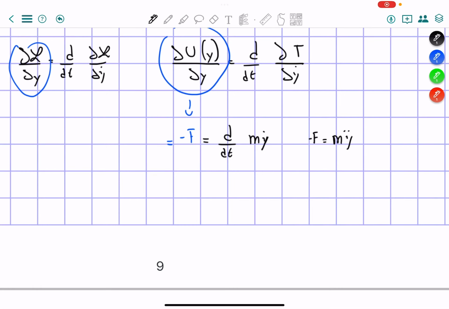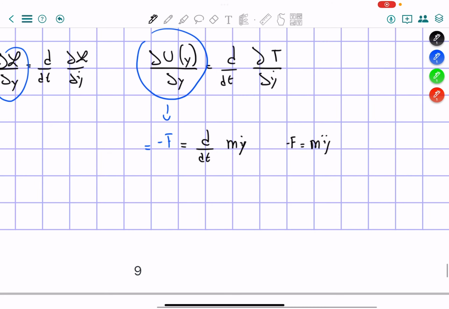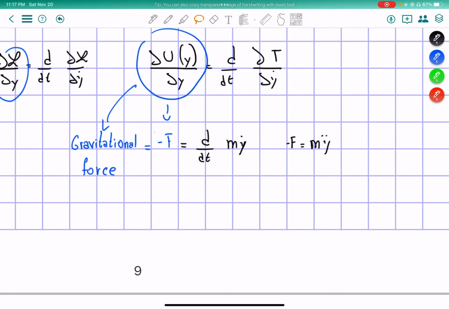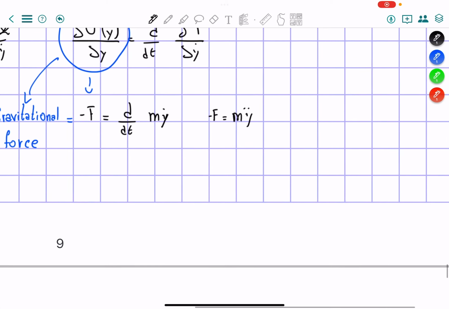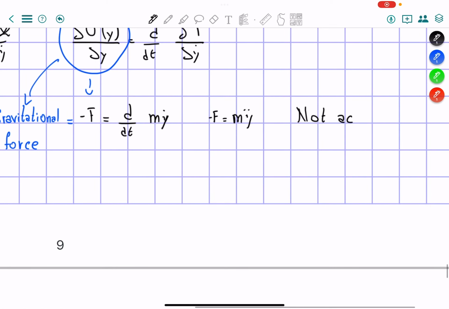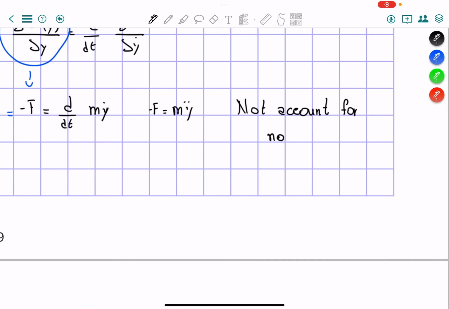But this is not taking into consideration the friction force, because as you can see, the only force taken into consideration is the gravitational force. Therefore, in our solution here, we would have to add our friction force. This one is not accounting for, let's make it a little more general, non-conservative forces.